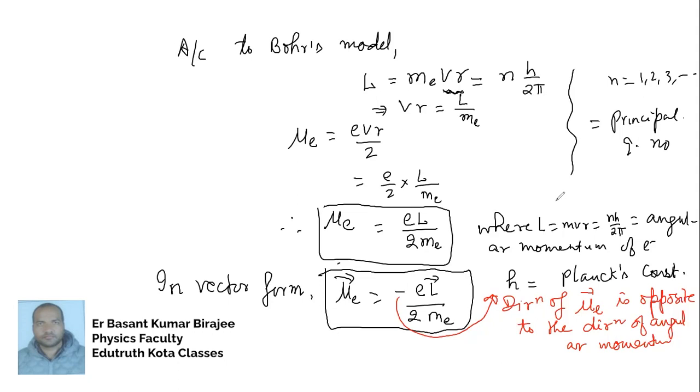That will complete the very first chapter of this electrodynamics part, moving charges and magnetism. After that, we'll study magnetism and matter. That won't take much time. That is a smaller, theoretical chapter. I will give you a question and we can try.